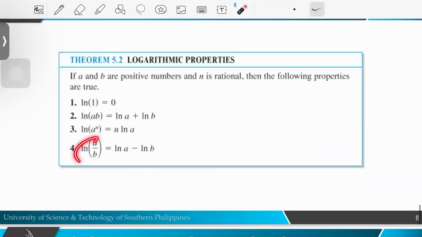It is not the same as that, because it is enclosed, and you took the ln of it. So that would be equal to ln a minus ln b. That will prove useful, class, if you solve a lot of problems involving different logarithmic properties, which make your differentiation process easier.